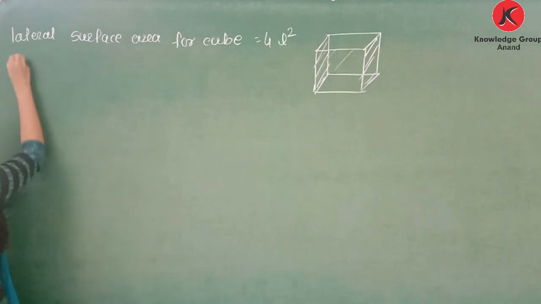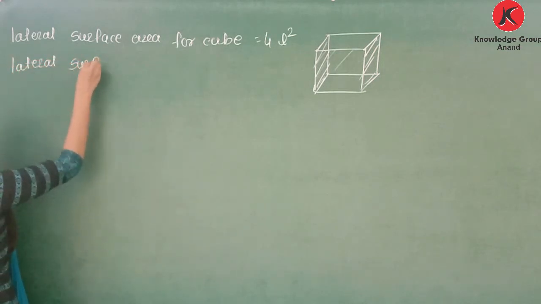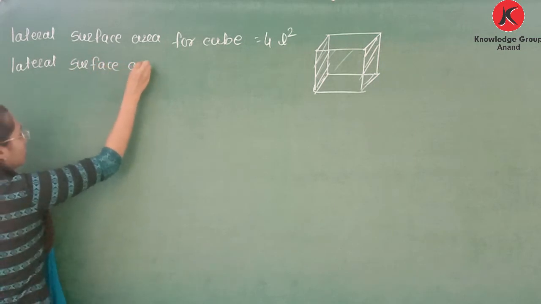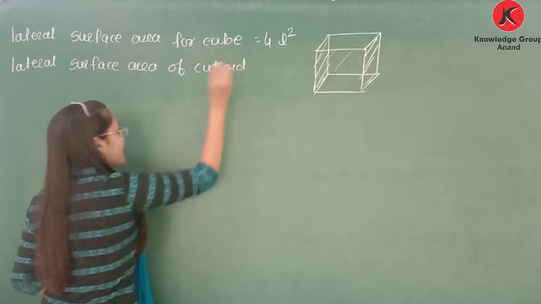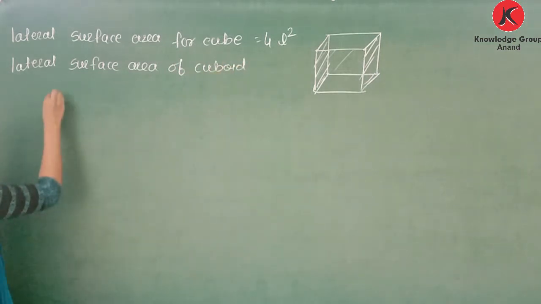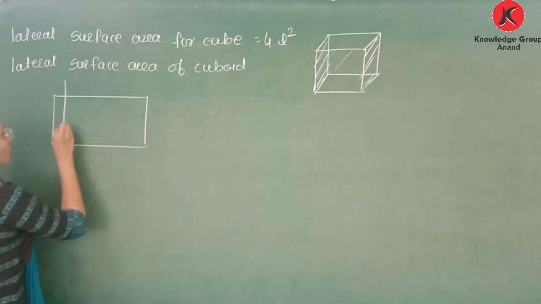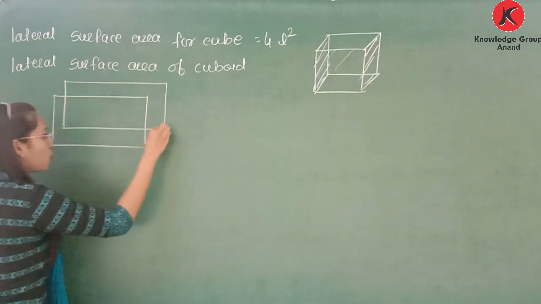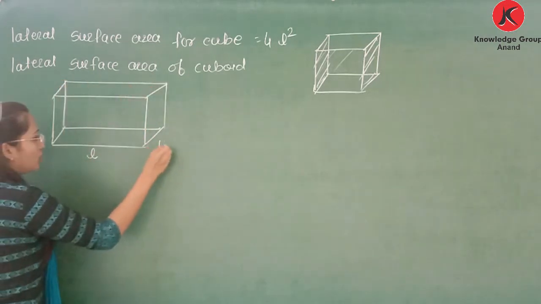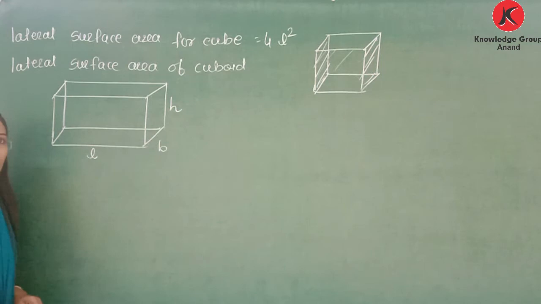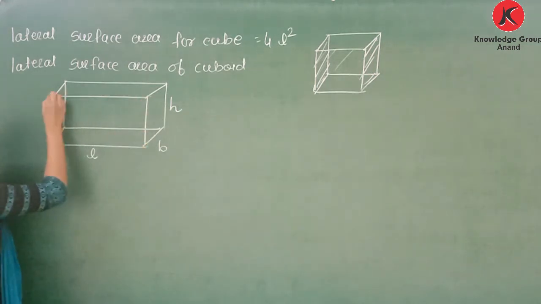Same for the lateral surface area of a cuboid. So let's find the lateral surface area of a cuboid. If you consider this as a cuboid, we need to add only 4 faces. So this is L, B and H. We are only considering the front faces. What is the measurement of the front face?